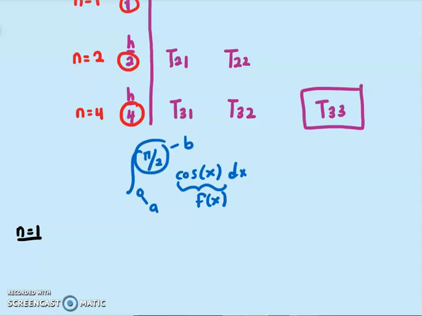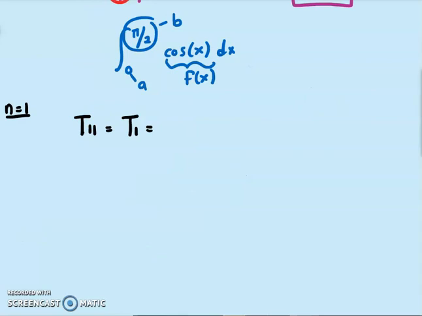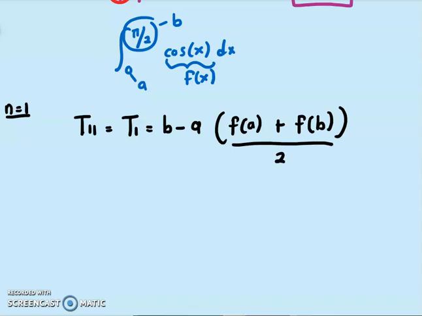So I have T11, which refers to T1 with n equals 1. The trapezoidal rule gives b minus a, times f of a plus f of b, divided by 2.